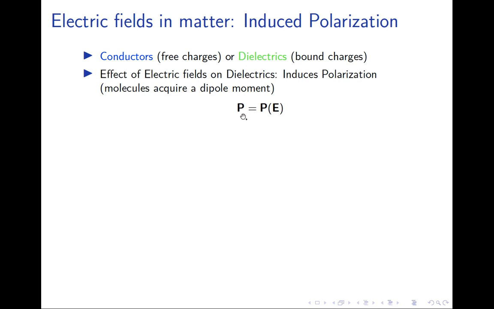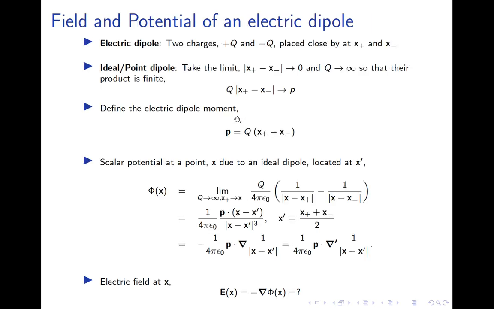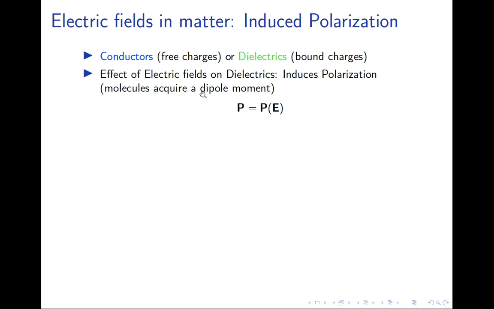So this big P, remember little p is the electric dipole moment of a single point dipole, but there are many molecules, so we will go to a continuum description in which we have a density of dipole moment. So this big P is the dipole moment density. And so the elementary dipole will be given by this P multiplied by an elementary volume d cube x. That will give you the little p, the dipole moment in that elementary volume.